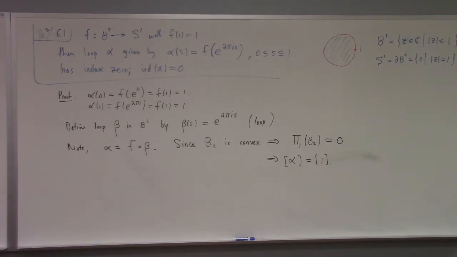He's saying beta is a loop. What's the purpose of beta here in this argument? Can you explain?